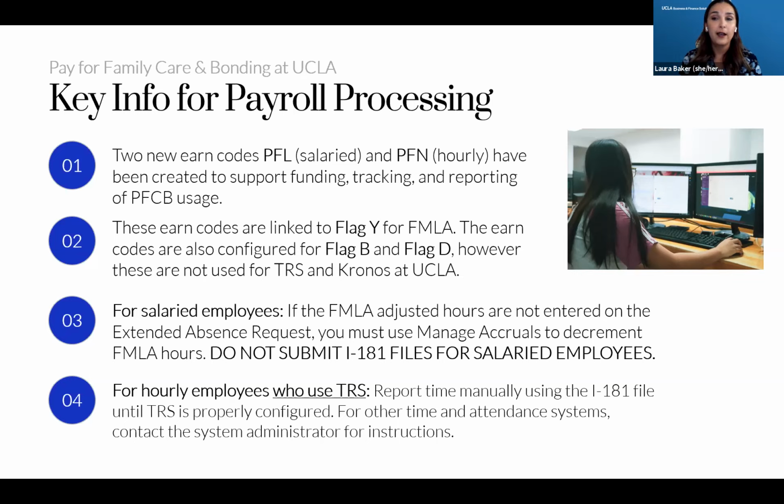But for TRS, for the time being, you need to report the hourly employees' time manually using the I-181 file until TRS is properly configured. Right now, it's not set up to process these hours. So again, if you are on another time and attendance system, make sure you contact your system administrator for instructions.